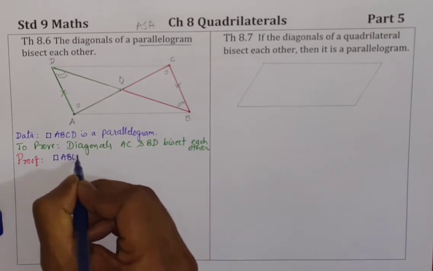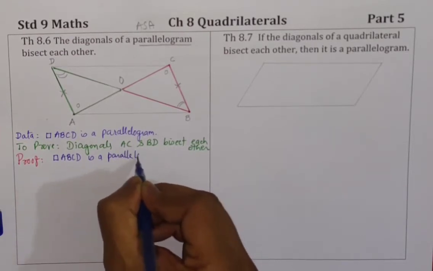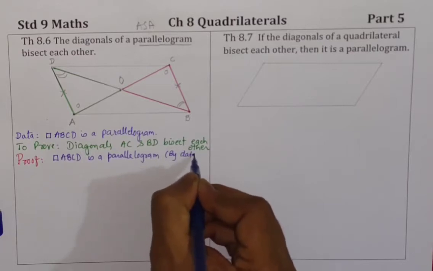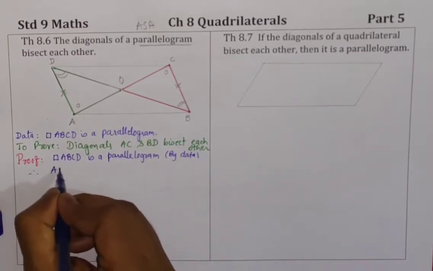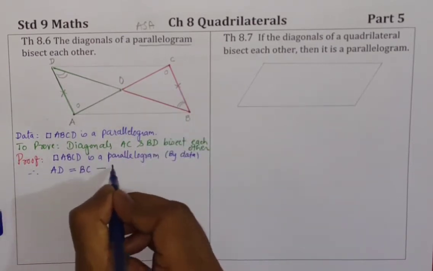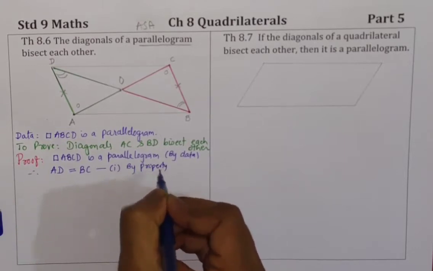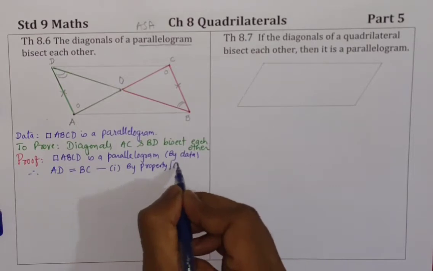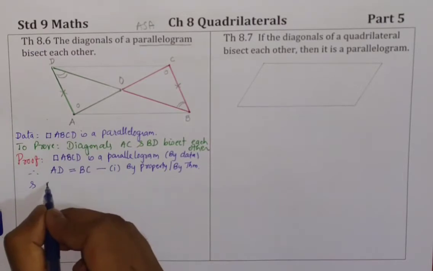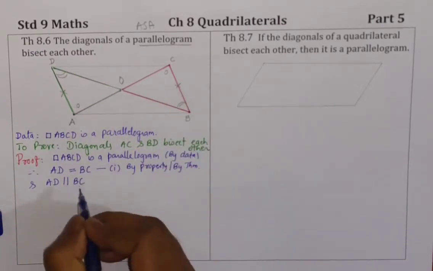Quadrilateral ABCD is a parallelogram by data. Therefore, AD is equal to BC, result 1, by property of a parallelogram, or you can say by theorem. And AD is parallel to BC.